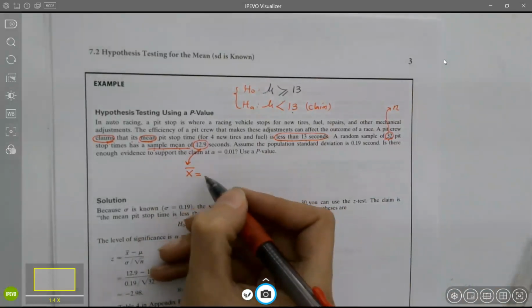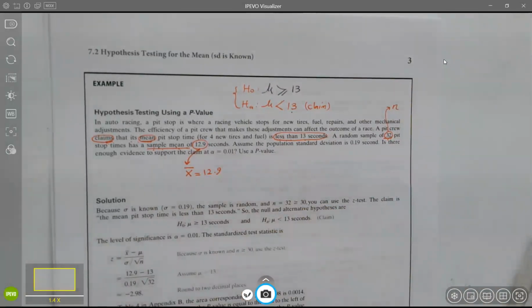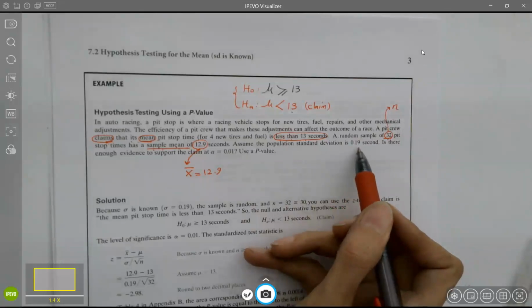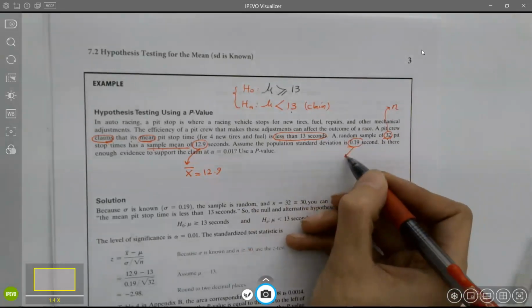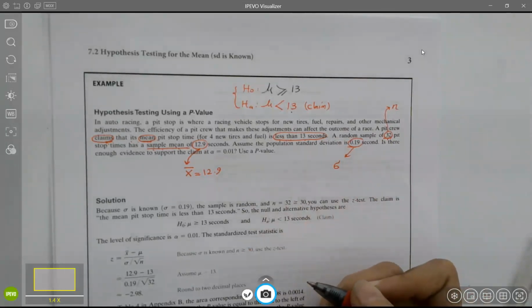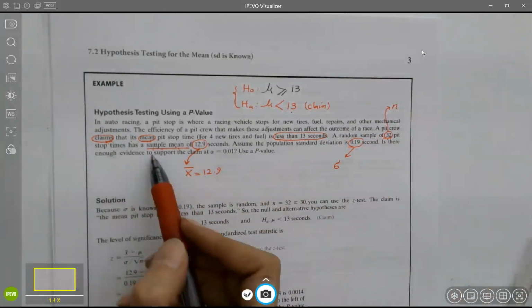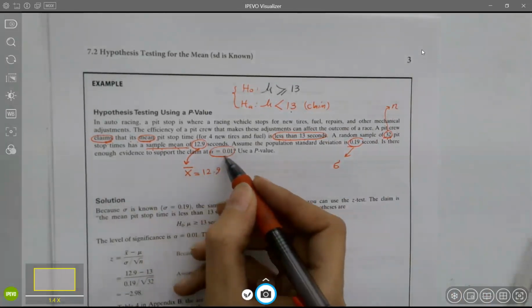X bar is 12.9. Assume the population standard deviation is 0.19. So this is your sigma. Sigma. Very well. Seconds. Is there enough evidence to support the claim when alpha is 1%?